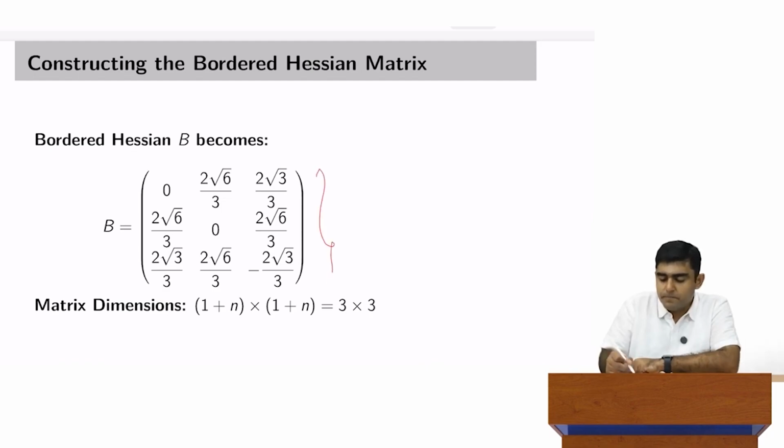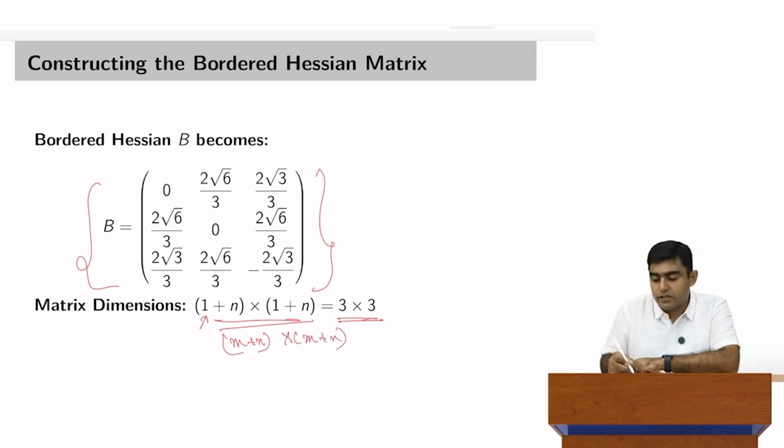So, for our problem, this bordered Hessian matrix takes the form of 3 cross 3 matrix, and this would always be, if m is the number of constraints, m plus n into m plus n. If you recall, when we were checking for k, we said that k equal to 1 to m and then k is equal to m plus 1 all the way to m plus n.